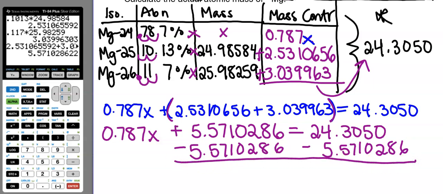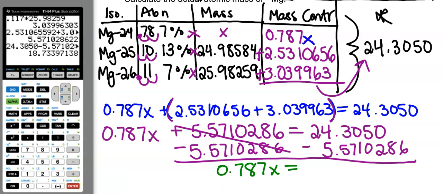So when we do that, these terms will cancel out, and we'll be left with just this part left, the 0.787x on our left-hand side, and that will equal 24.3050. We'll come over to our calculator, 24.3050 minus our 5.5710.